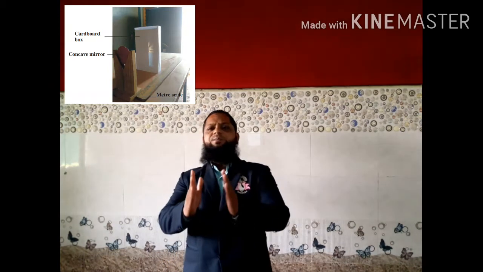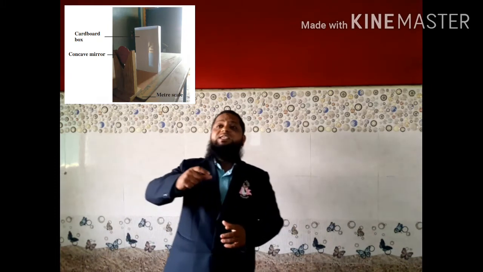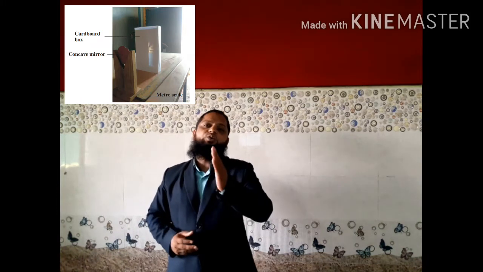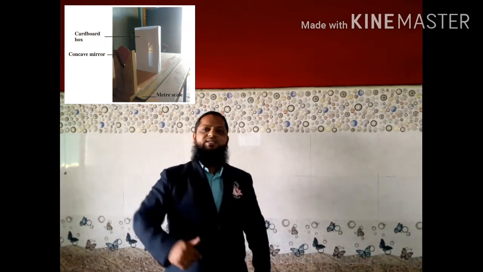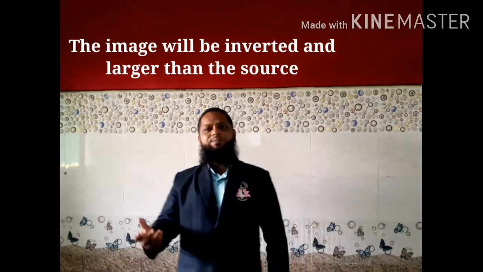Obtain a clear image of the source on the screen by moving the screen along the meter scale and perpendicular to it. The image will be inverted and larger than the source. As the image is obtained on the screen, it is a real image.